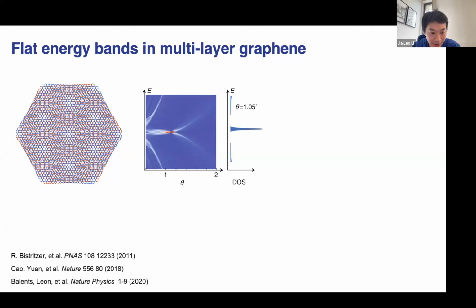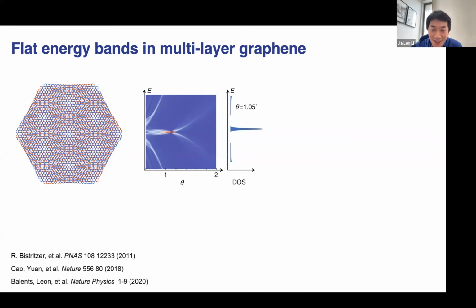Theoretically, this system was predicted more than 10 years ago, and the prediction is that as you introduce a rotational misalignment, a Moiré superlattice will emerge, and the lattice constant of the superlattice is controllable using the twist angle. In the case of two monolayer graphene, at around 1.5 degrees, which is also called the magic angle, the band becomes really flat, and it's also isolated from the remote band. That creates an ideal situation to study the influence of Coulomb correlation in a flat energy band.